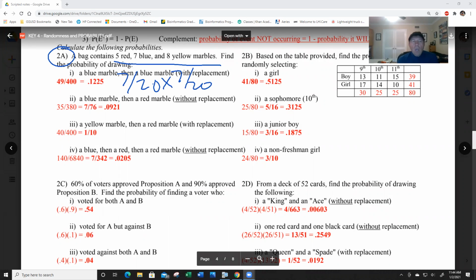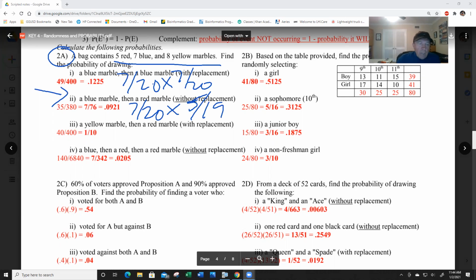Okay. And then, by the way, that would be dependent, but we're not really focusing on that. Item 2, a blue marble, then a red marble without replacement. Okay. So if you recall that a blue marble first, that's going to be 7/20 times, and then a red marble, that would be times 5/19.